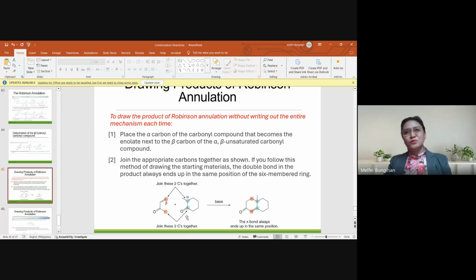They are just the most important ones. So without always writing out the entire mechanism, when your professor would ask you, you try to look into the starting material, then you know the positions that had been joined together and how you split them up on those positions.